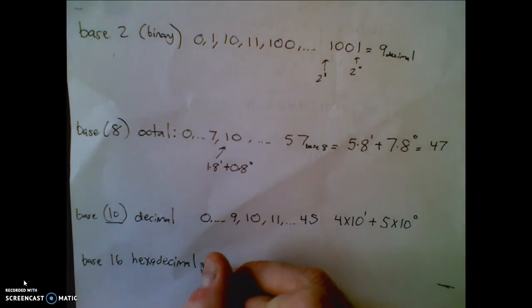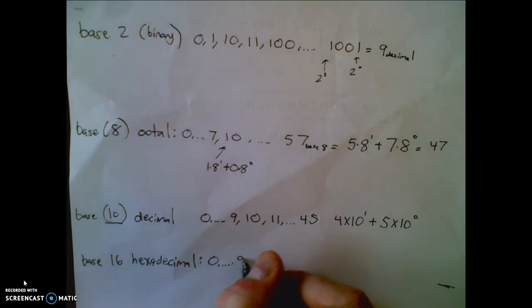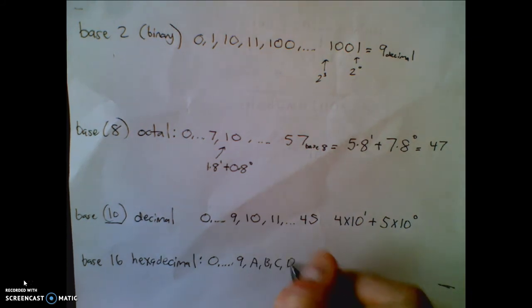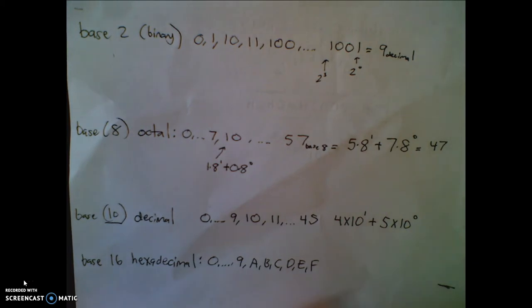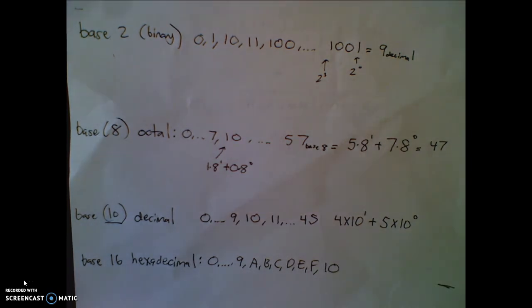And hexadecimal is no different, except we use the numbers from 0 to 9, which would give us 10 digits. We run out of numbers, so we use letters. It goes up to F. So this would basically be our 10, 11, 12, 13, 14, 15. There are 16 digits, 0 to F. And then once you get to 16, it would be 1, 0 again. Okay, so that's 16.